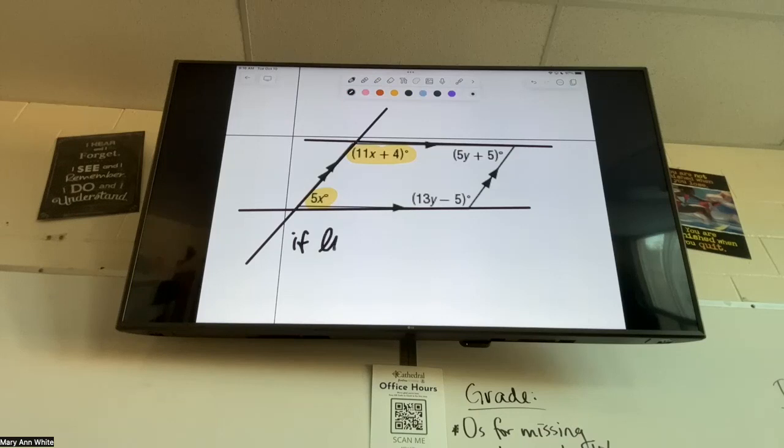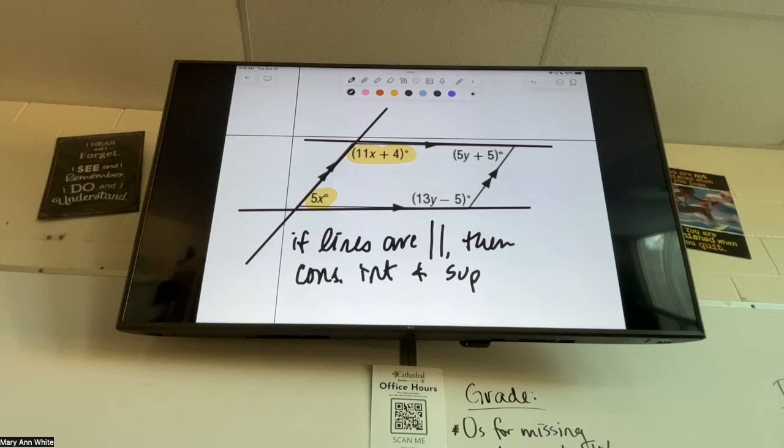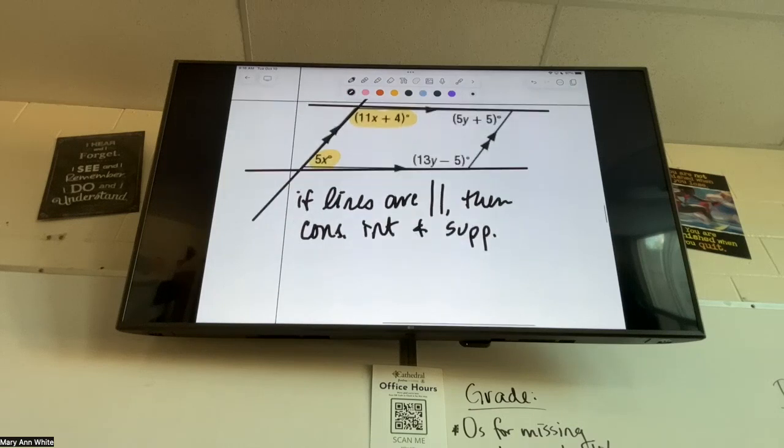So we'll write our statement. If lines are parallel, then what do we know about consecutive interior angles? They are supplementary. Very good. So if we know those are consecutive interior angles and that they are supplementary, then we're going to add them up to equal 180.